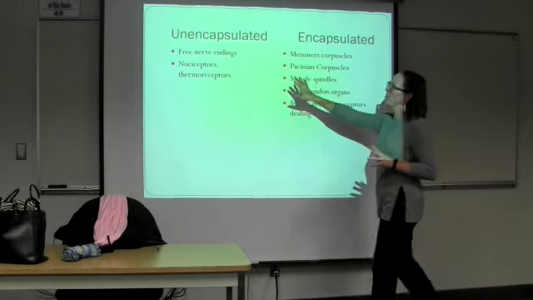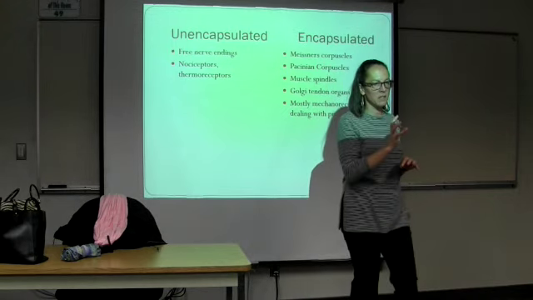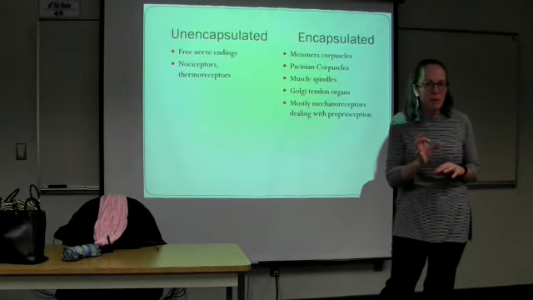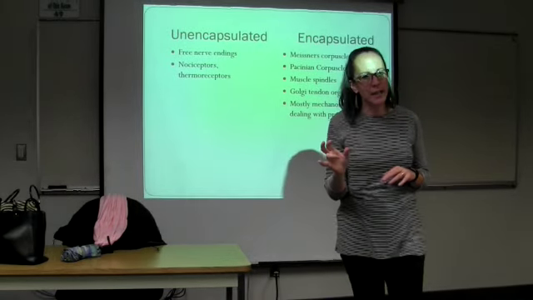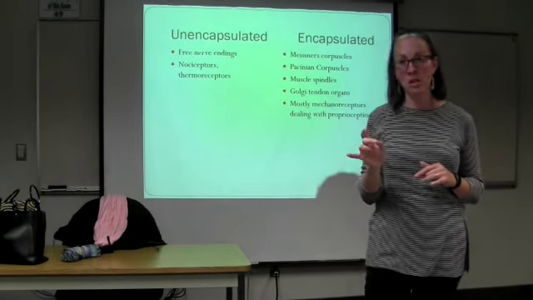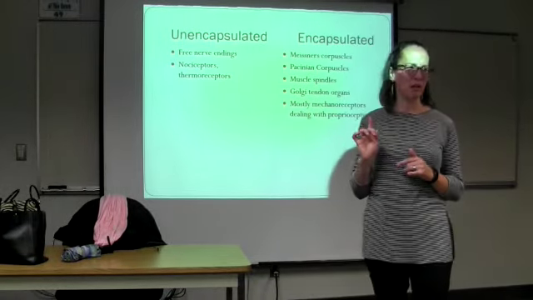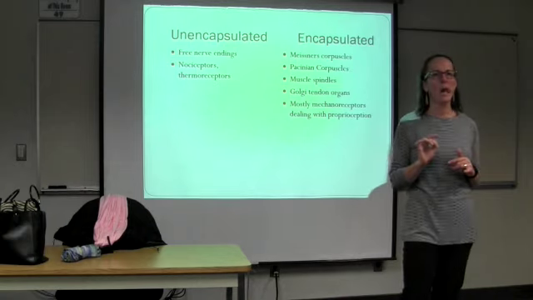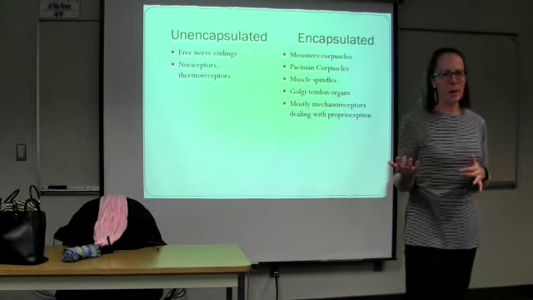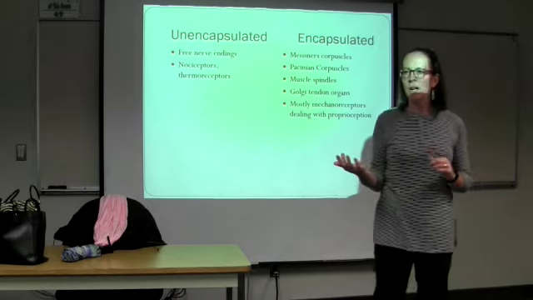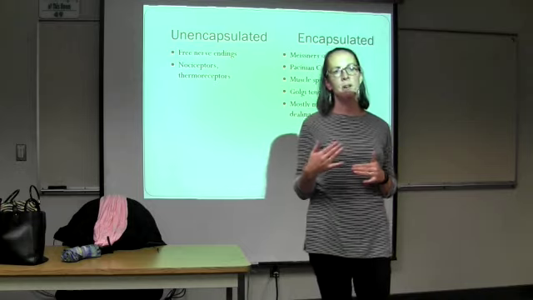I always remembered the unencapsulated because they quite often deal with things that are either painful or could be painful. Unencapsulated deal with receptors that sense pain, which is nociception, or thermoreceptors, which would deal with what? Temperature. And why do I say that thermoreceptors have the potential to be painful?